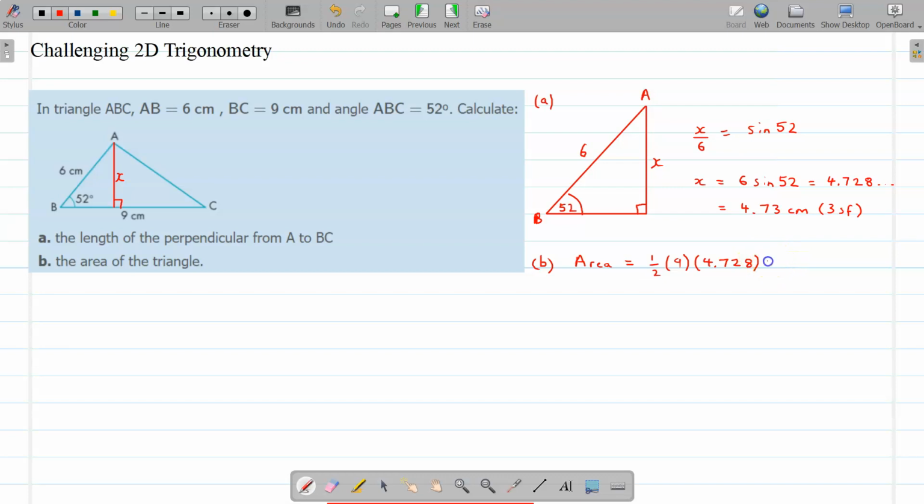So that will be sufficient, and if you put that into the calculator and round that to 3 significant figures, it gives you 21.3 centimeters squared, because it's an area, to 3 SF. So they're the 2 answers required for that question, including the very important and necessary working out that you must show. Okay, next question.